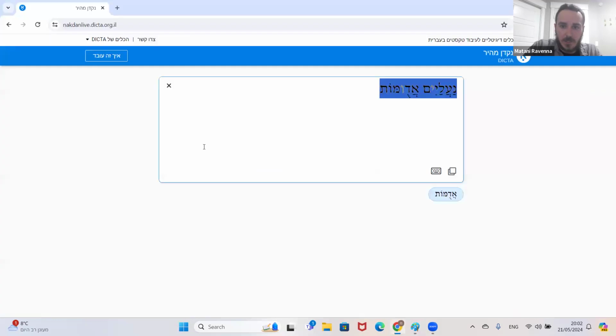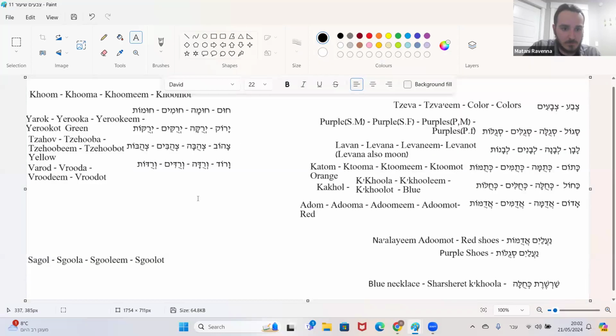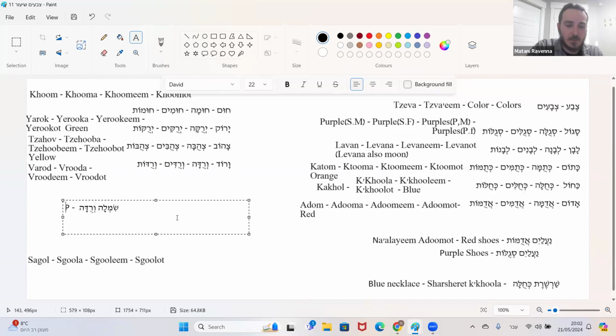And I do want to say simla vruda. Pink dress. Let's say another example.